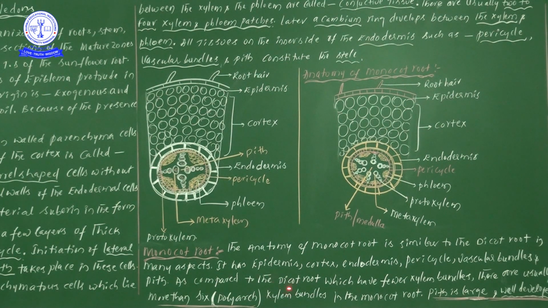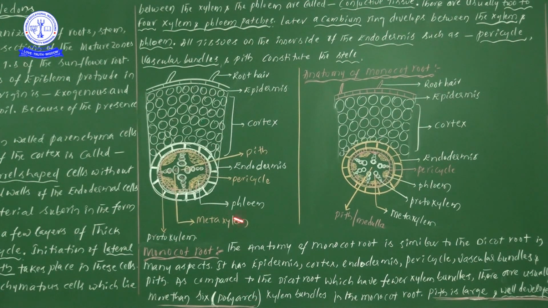Compared to the dicot root, which has fewer xylem bundles, very few, just 4, here in the monocot root there are more than 6: 1, 2, 3, 4, 5, 6, and so on. If we find more than 6 xylem bundles, we call that polyarch condition.